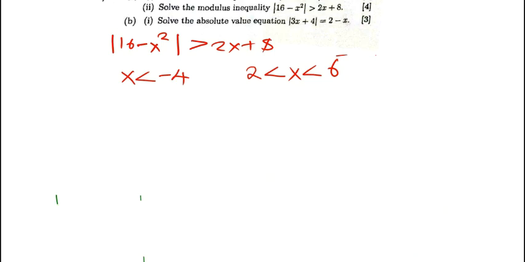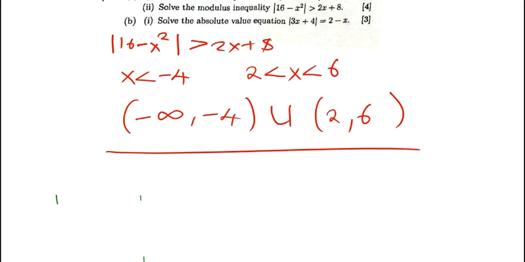Okay, so this is exactly what we're trying to say. That's our solution set, and you can actually present it using the set interval notation by saying our solution set are numbers from -infinity up to -4, and then of course combined with numbers from 2 to 6. Okay, so that is the solution set to our modulus inequality.